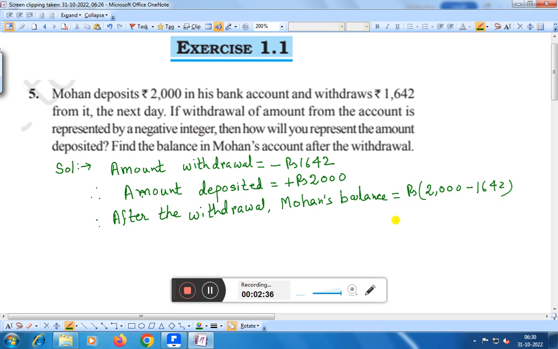Right? If we subtract this number, that is 2000 minus 1642, we are getting 8.